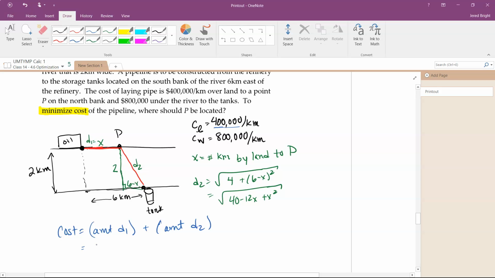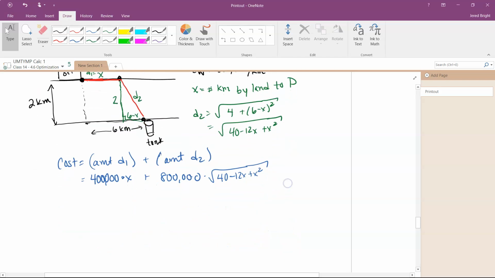Distance 1 is over land, so it's going to cost $400,000 per kilometer, and I have x kilometers, so that would be the total amount for that part. For the water part, that's going to be 800,000 times D2. But I have an expression for D2, so that's just going to be 800,000 times the square root of 40 minus 12x plus x squared.